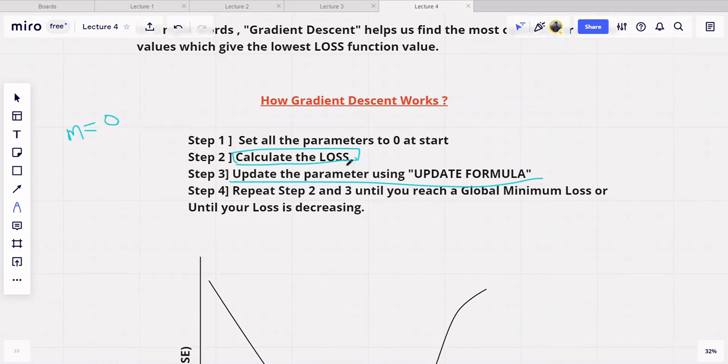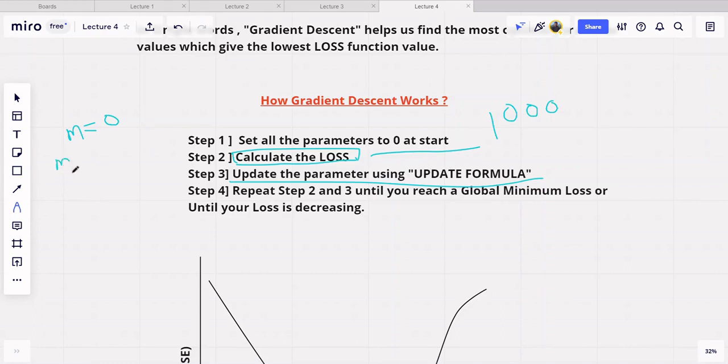Let's assume the loss is 1000, and what we want to do is go towards 0. We want this loss to be close to 0. So we'll change this parameter by using the update formula rule. Once we apply this update formula, our parameter value will again change.